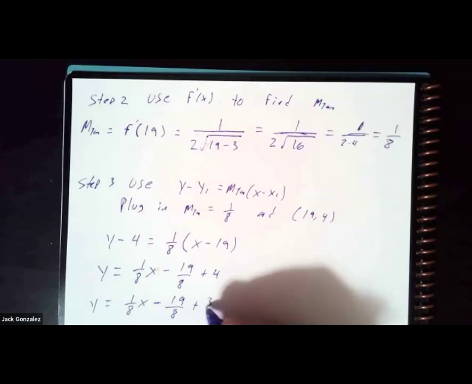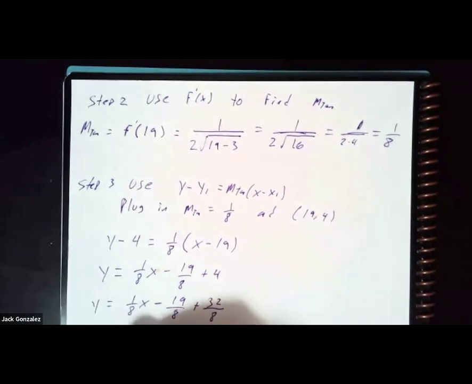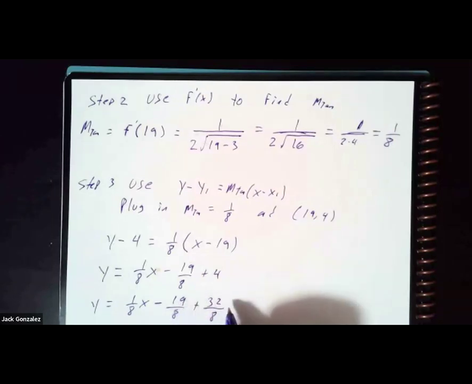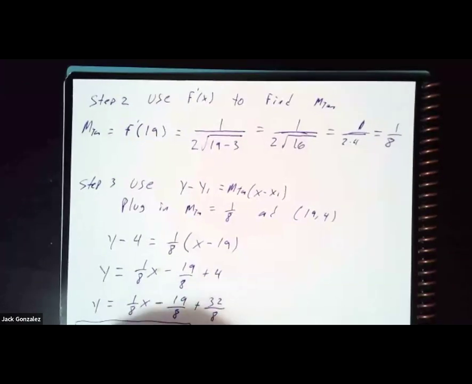Sorry, I went blank for a second. Getting tired here. Negative 19 plus 32, that will be 13, right? So this guy is the equation of the tangent line.